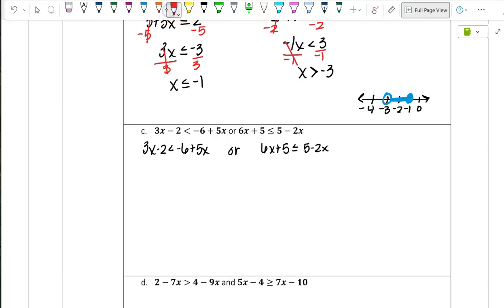So starting with 3x minus 2 is less than -6 plus 5x. I'm going to start by subtracting 5x. Again, you could have moved the other way and subtracted the 3x. So -2x minus 2 is less than -6.